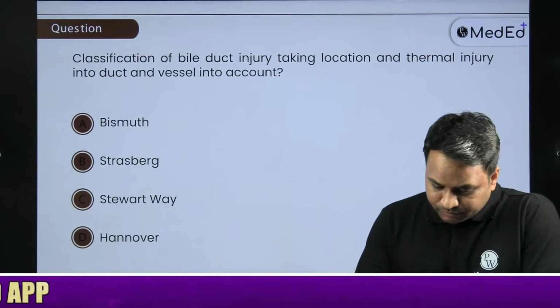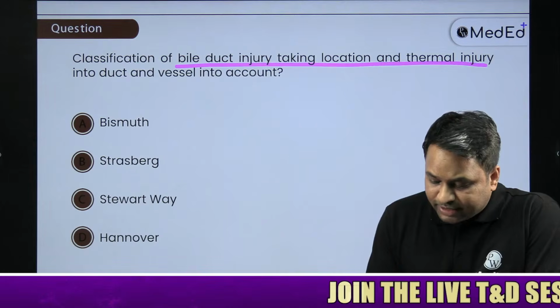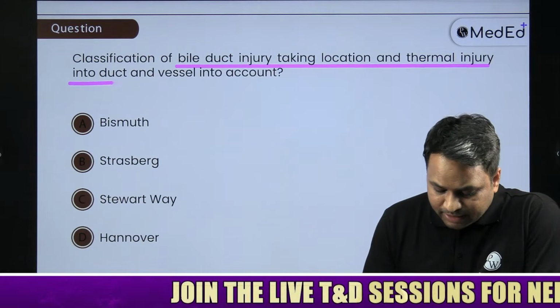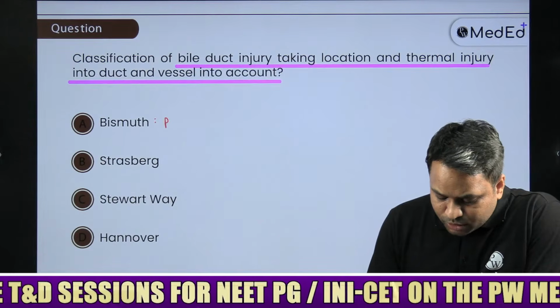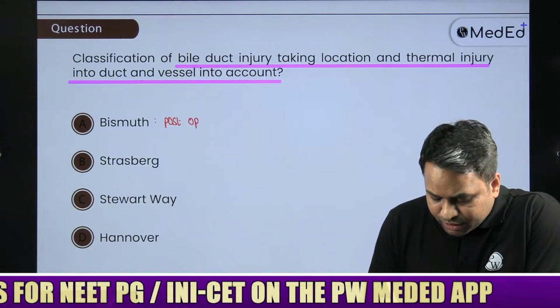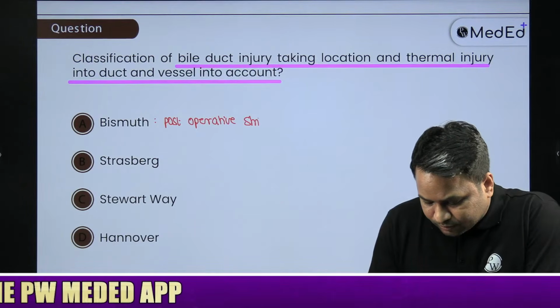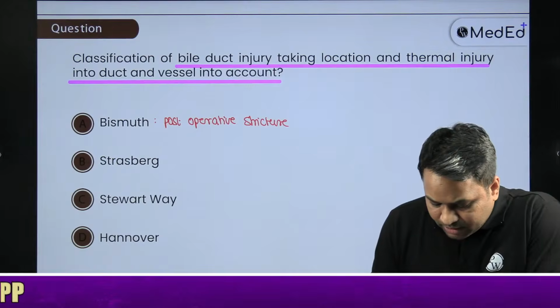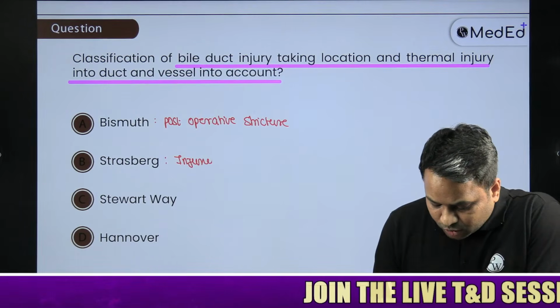Now, the classification of the bile duct injury taking location and the thermal injury into the ducts and into the vessels into account. Bismuth is for post-operative stricture. Strasbourg only consists of injury to the bile duct, not to vessels.